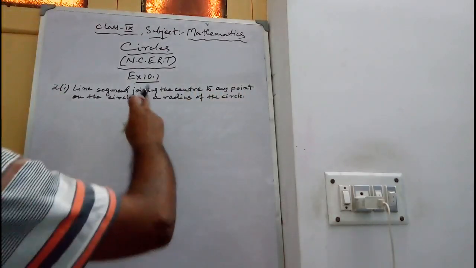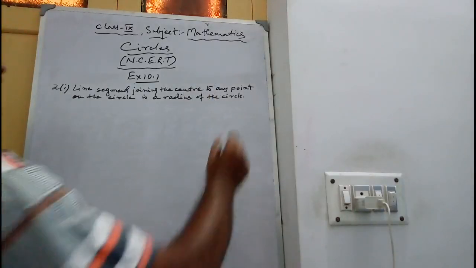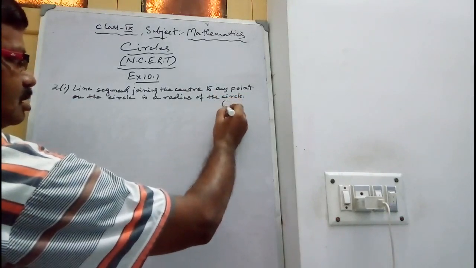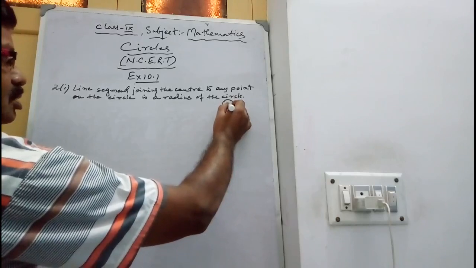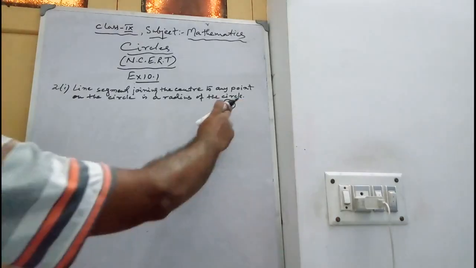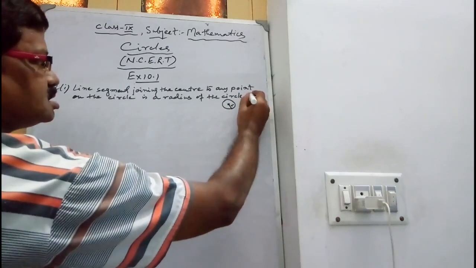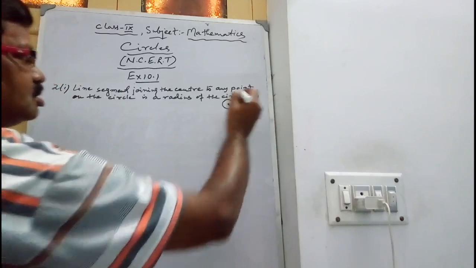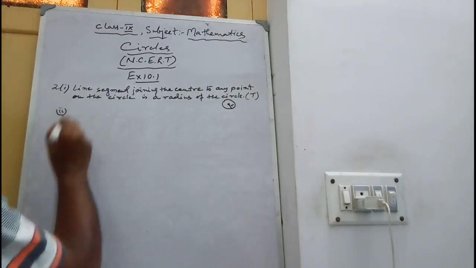Lines made by joining the center to any point on the circle are known as radii. So that matches the statement, so the statement is true.